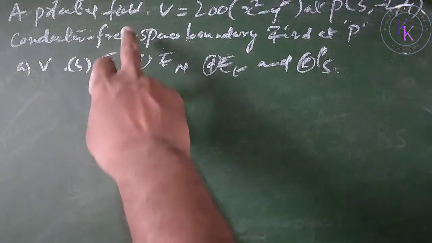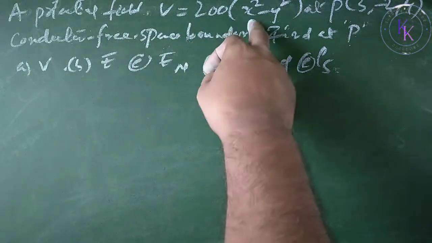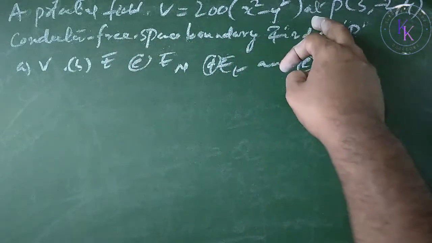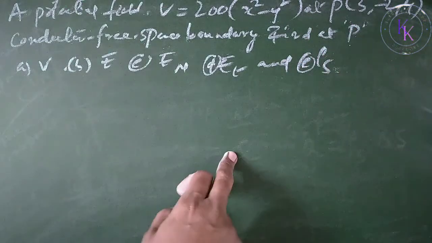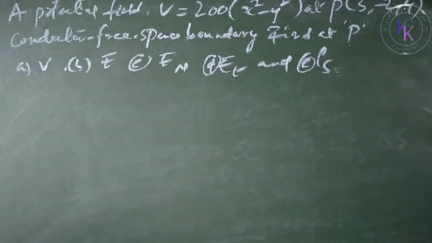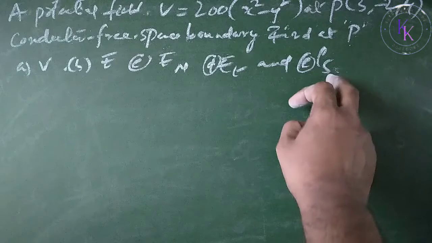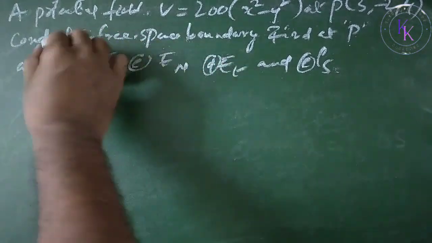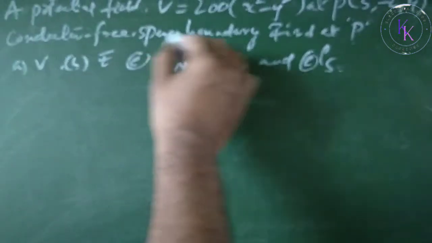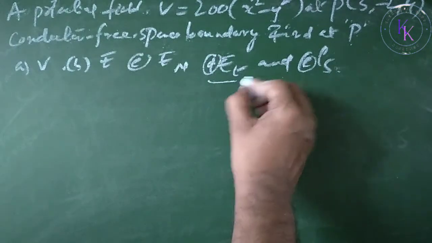The potential field is given by the equation V equals 200 times x square minus y square, at point P 3, minus 2 and 4 on a conductor free space boundary. Find V, E, En, Et and rho S at point P. Now, since it is on a conductor free space boundary, Et equals 0.